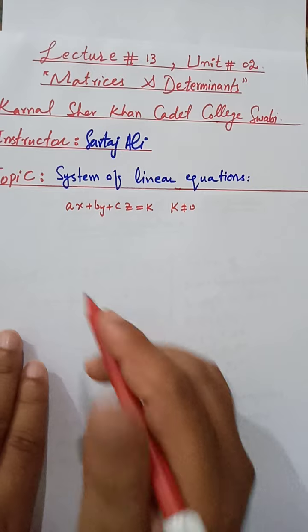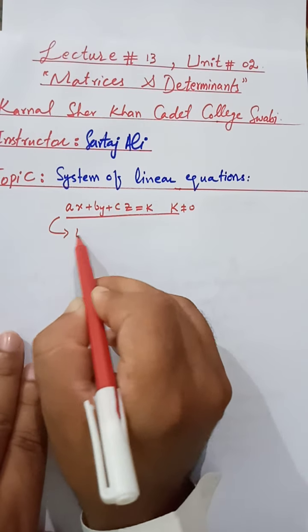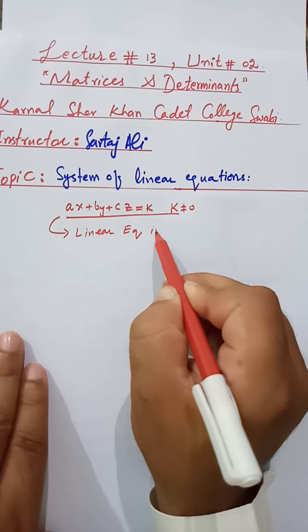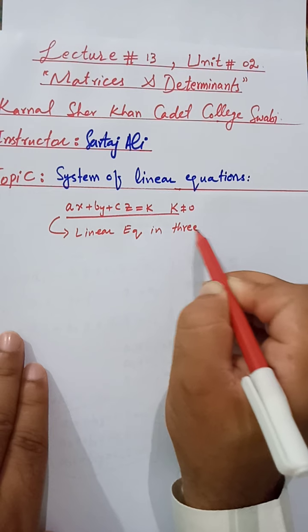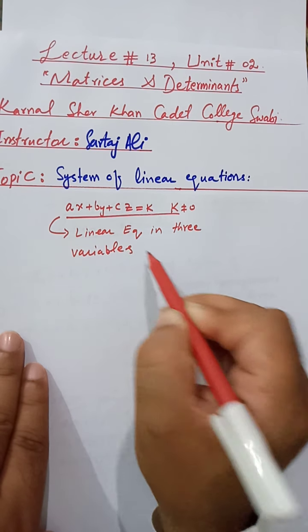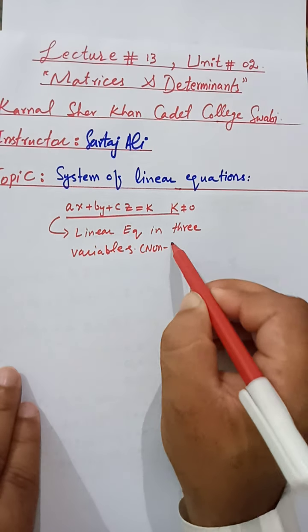So this is the linear equation in three variables, and this is also non-homogeneous because k is not equal to 0.